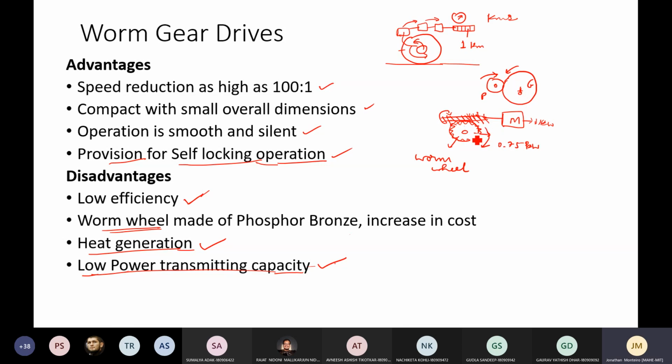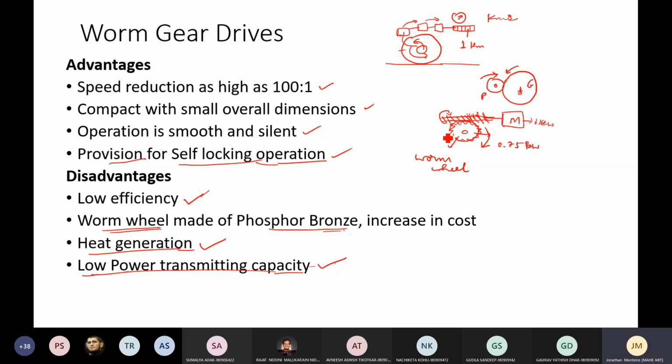Okay, what is the importance of that? See, the worm is a high strength machine component, so it can be made of any high grade steel. But when it comes to the worm wheel, it should be made of a softer material when compared to the worm itself.